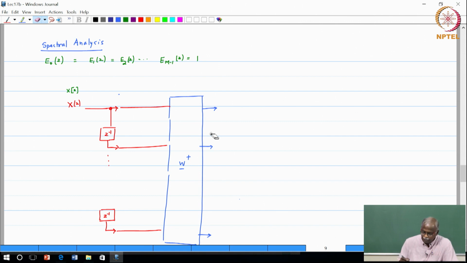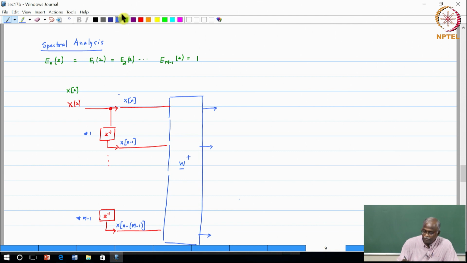Let us be clear, this is delay number 1, this is delay number 1, this is delay number m minus 1, it is an m channel case. Because of the structure, if this is x of n, this will be x of n minus 1, and this will be x of n minus m minus 1, that many units of delay.